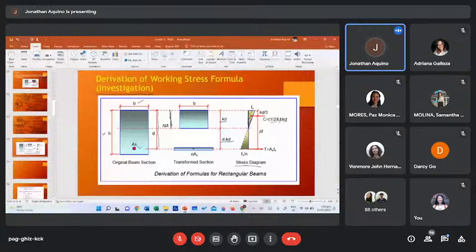Ito yung compression. Then distance from the tension steel bars to the centroid of compression concrete is just simply jd. So ibig sabihin, lahat ng variable natin, lahat ng dimension natin is a fraction of d. Then the tensile reinforcement or the tensile force T is equal to As times fs.